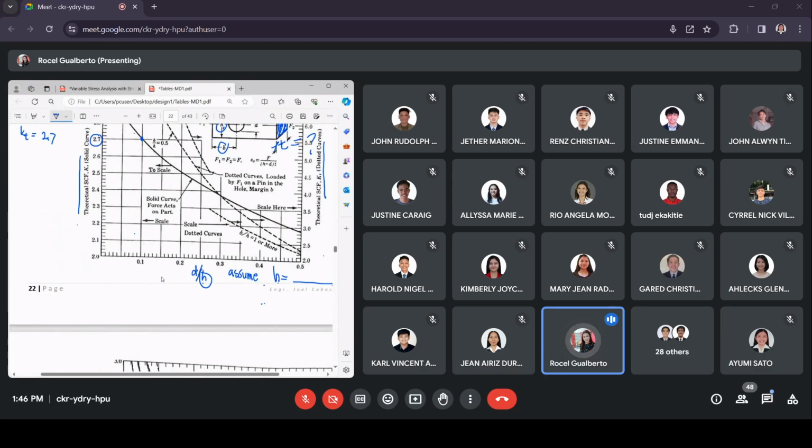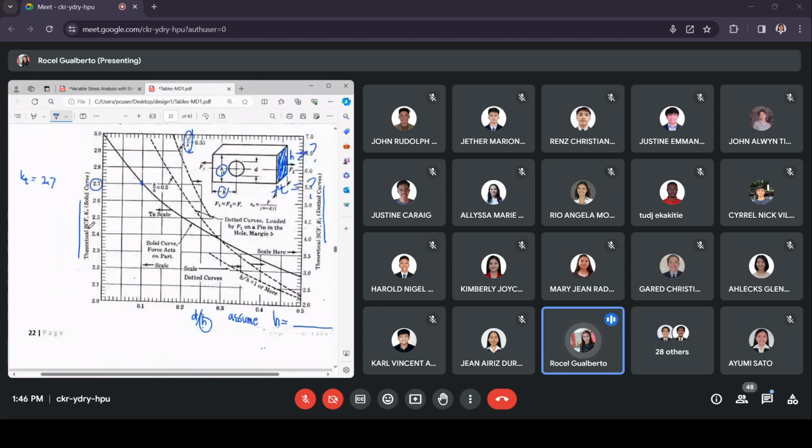What would be its equivalent if it is now a shaft? Try to see the illustration on our figure AF8. Small d pertains to the diameter of the hole.